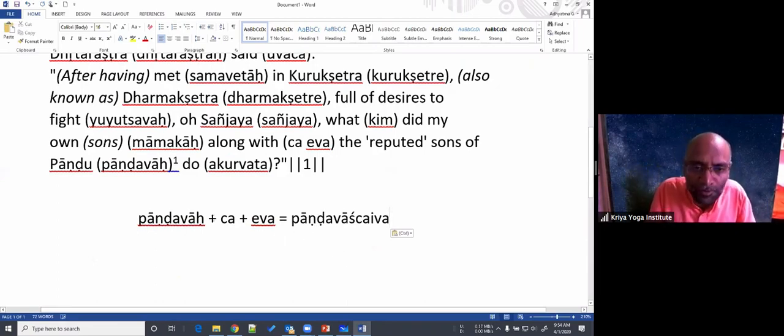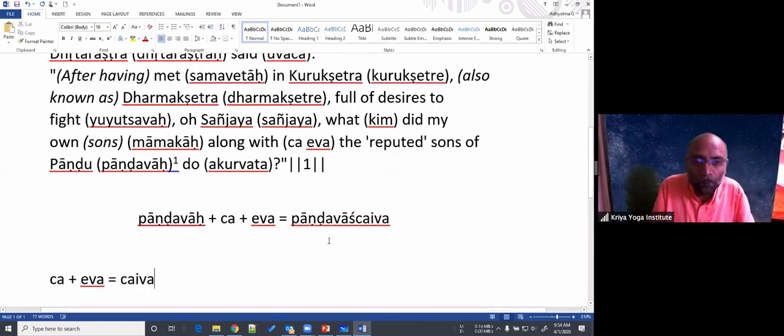There are two operations of Sandhi, as you can see. One is between Cha and Eva. If I just take this one, then it is Chaiva.